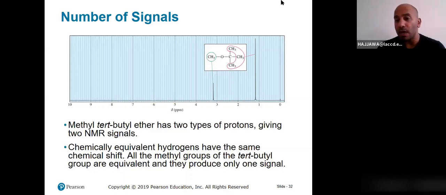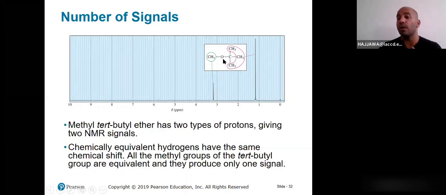These peaks are singlets. Why is that? Because the rule that you need to use to figure out signal splitting is N plus 1. N is the number of non-equivalent hydrogens on adjacent carbons. If I want to figure out the signal splitting for this methyl, I'm going to look at the adjacent atom.